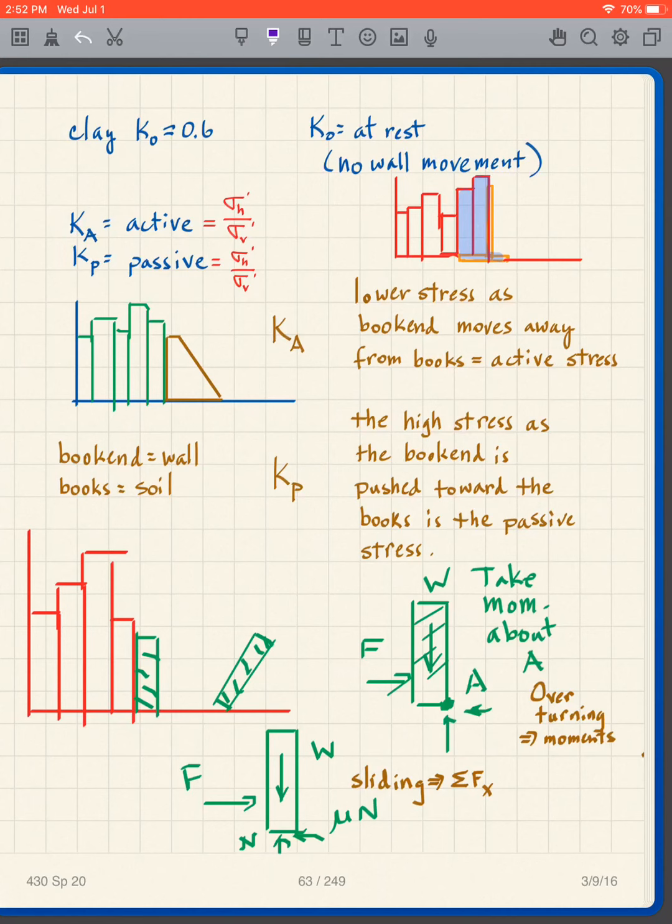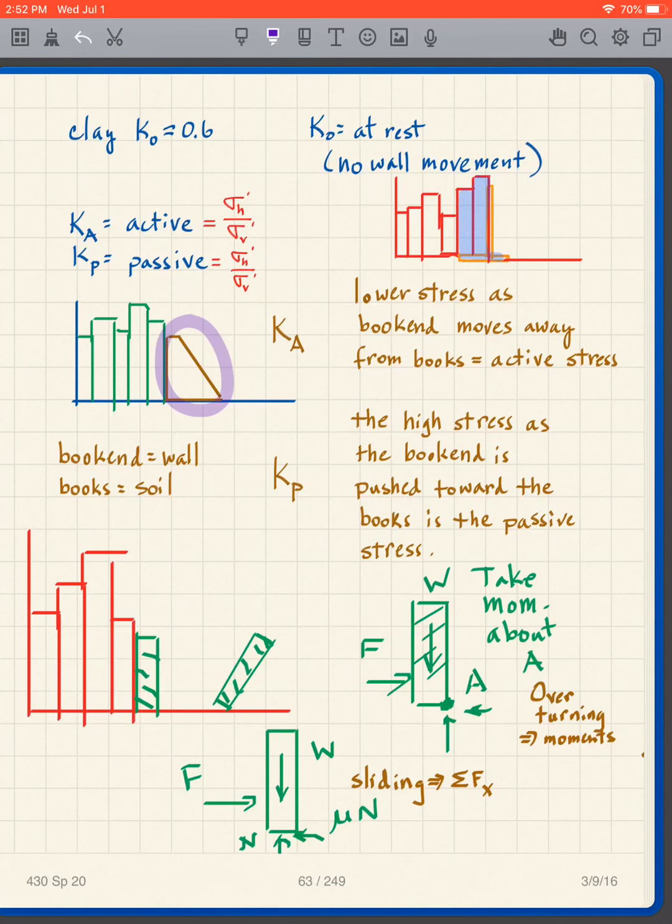I want to introduce some wall movement here, and the active earth pressure coefficient and the passive earth pressure coefficient. I'll sort of use bookends, something that you've had experience with. A bookend is a little bit like a soil retaining wall.